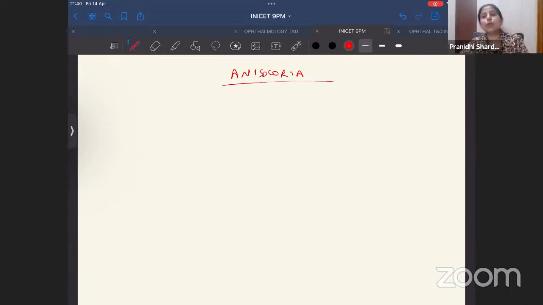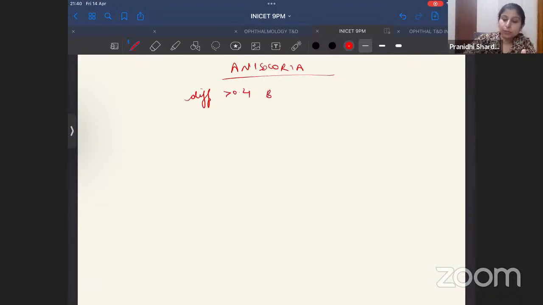Anisocoria is whenever there is a difference of more than 0.4 in the size of both pupils.